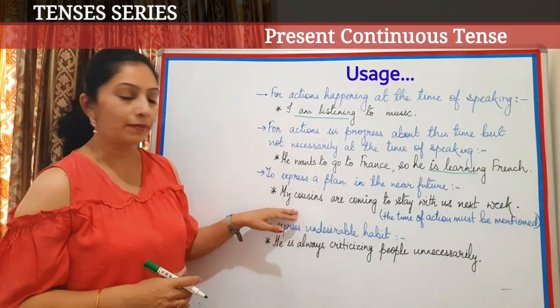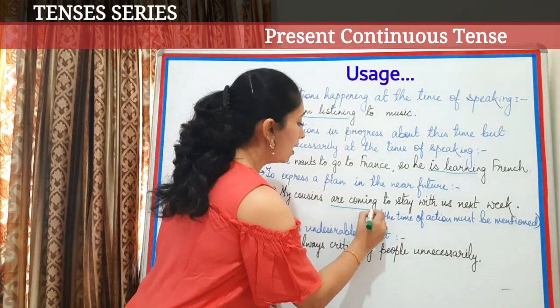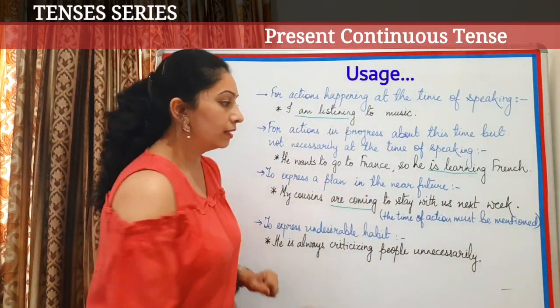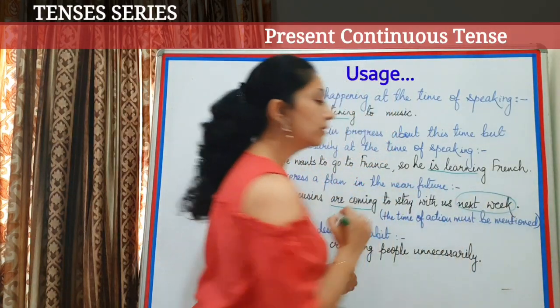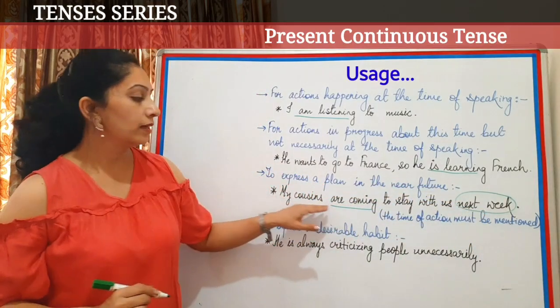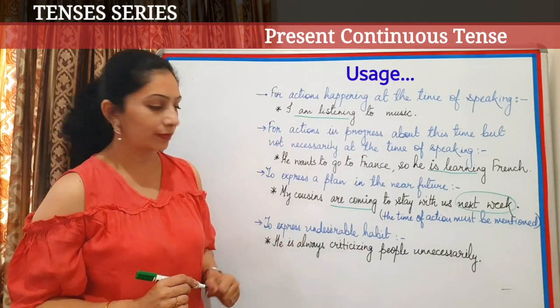Let's look at this example. My cousins are coming to stay with us next week. Now here if you see, next week is the time reference given. So if I am giving a time reference, I can use present continuous tense in that sentence also.